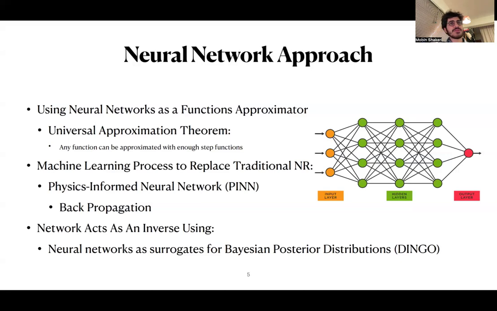Also, for the inverse problem, we can use the network as a surrogate model, such as for the Bayesian posterior distribution. This work has been done already in models such as Dingo, and already shows a significant improvement, from online runs of orders of days to orders of minutes.